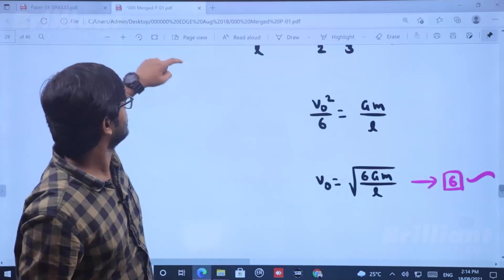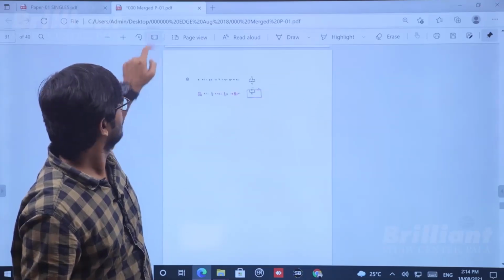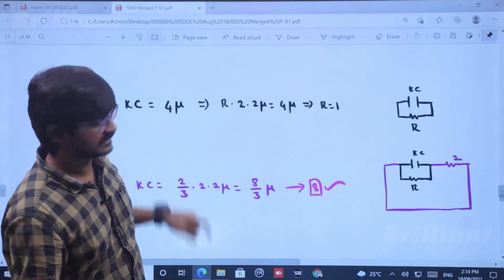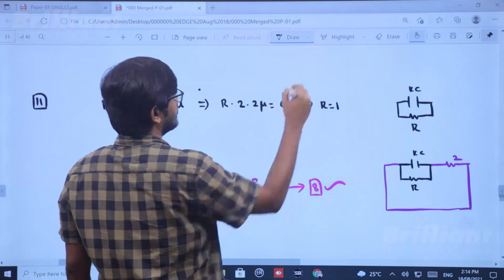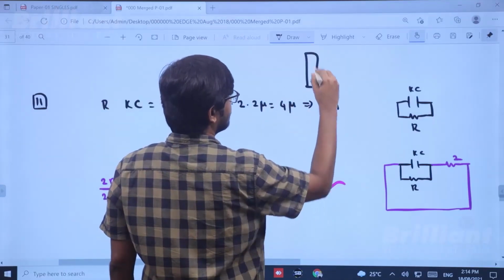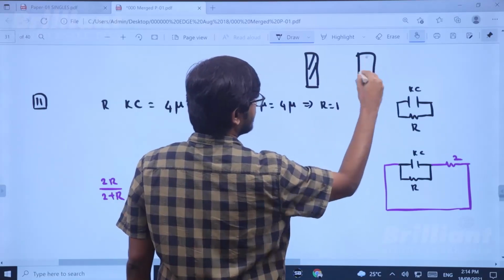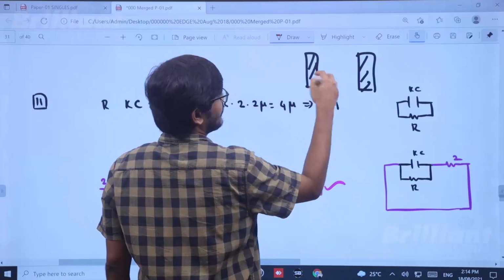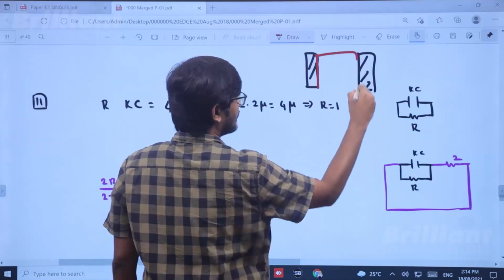So there are two situations, like a regular problem. What are those two situations? These are the two situations. In the first situation, they are saying there is some parallel plate, and you are keeping some dielectric. Now, when there is a parallel plate, there won't be any leakage current, but when you keep some dielectric, what will happen?